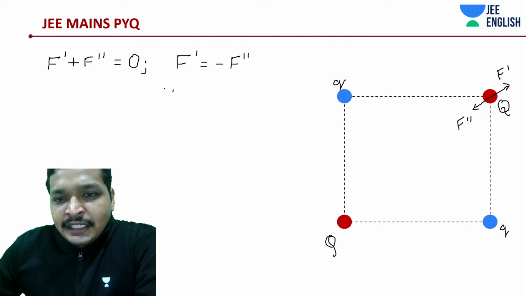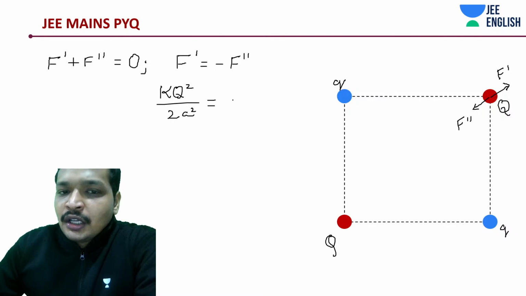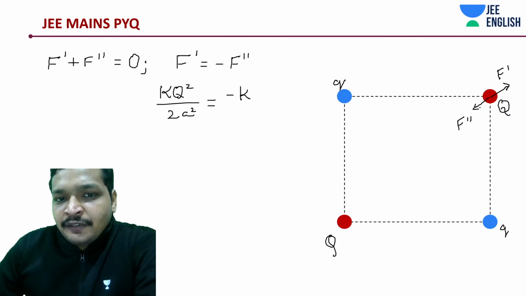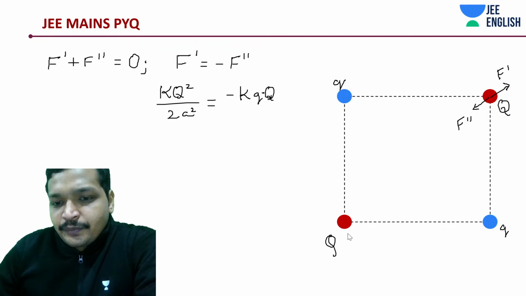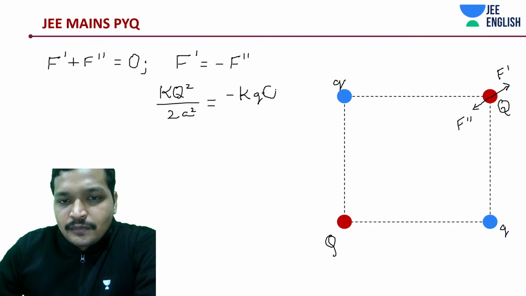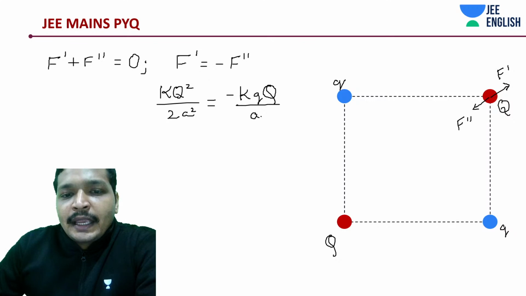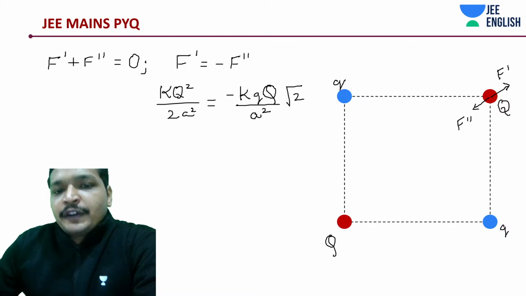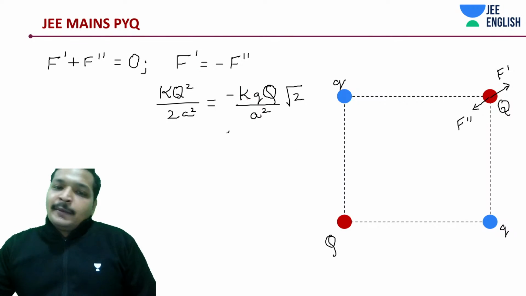So f dash is k into q square by 2a square, since the distance was root 2a, minus of k into q into q into root 2 divided by a square into root 2, minus because f double dash is in the opposite direction. Don't forget the root 2 part. Easy, simple. It could have been a two-liner problem.